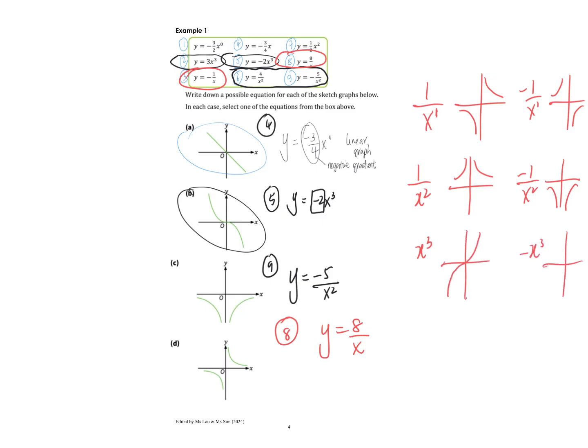Negative, the other side. x to the power 1 positive going up. x to the power 1 negative going down. Okay, it's all the typical ones. x squared, smiley curve. Negative x squared, frowning curve. So for all these shapes, when you see the power, you must know what kind of shape we are talking about. Then it's not difficult at all.